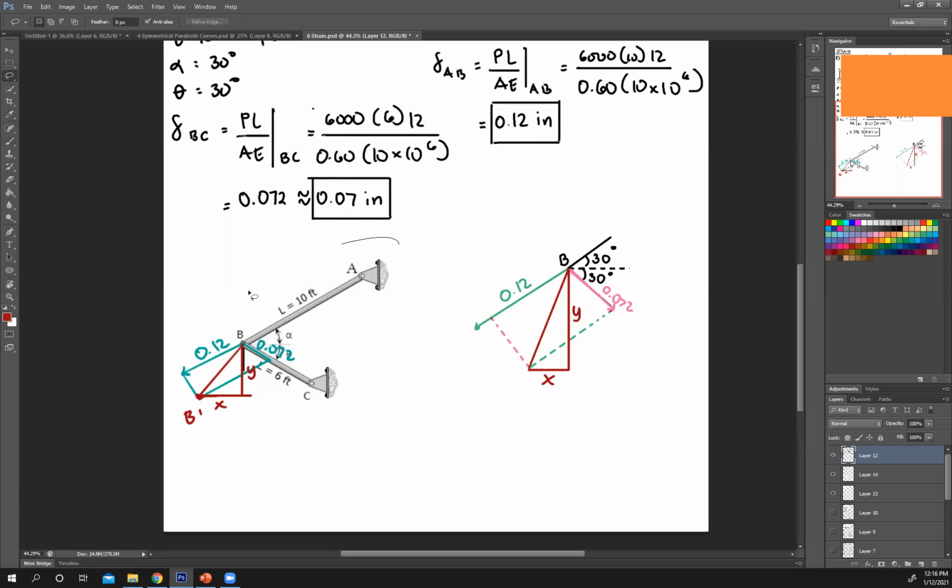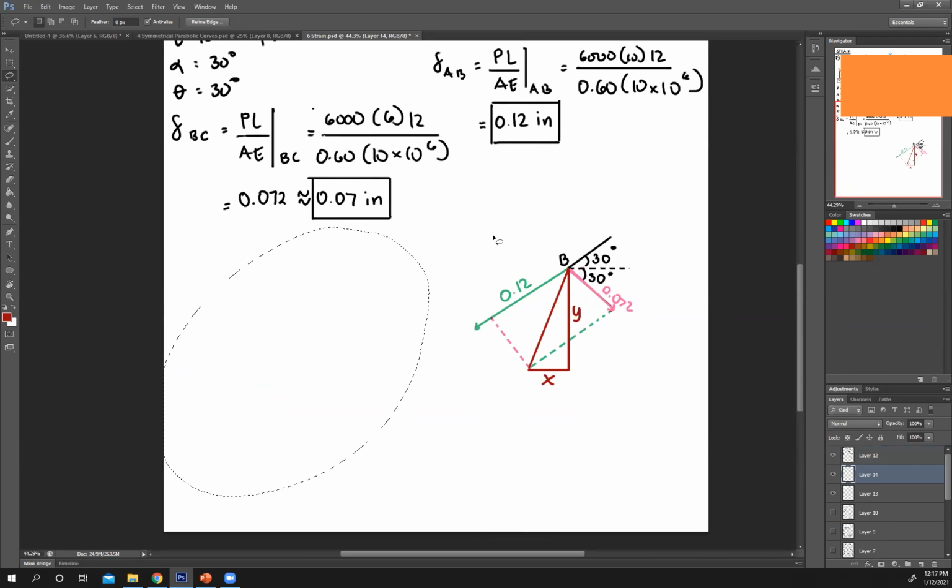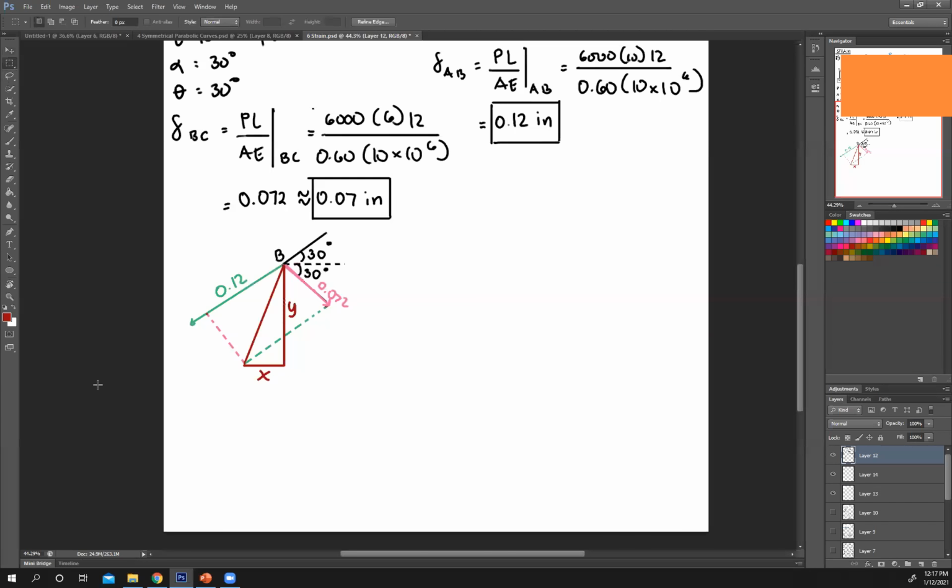Let's delete this and move this here. This part is what I know. This length is equal to this length, and this length 0.072 is equal to this length. So I want to know x and y.